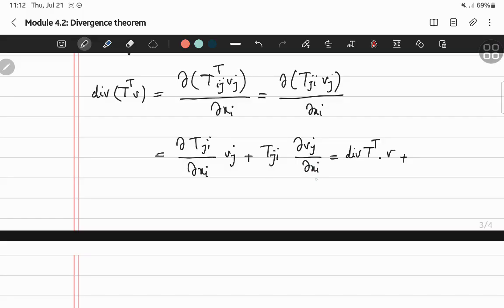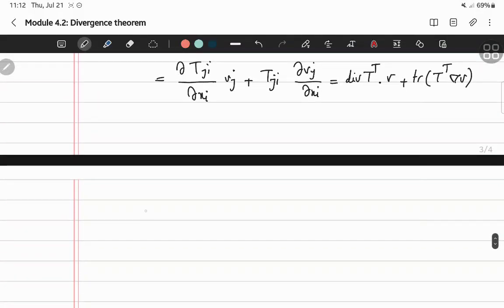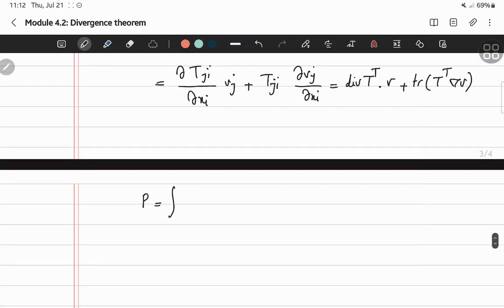And we already proved that this is equal to the trace of t transpose del v, or the trace of td, where d was the symmetric part of the velocity gradient. So we can write this. If we replace this in here, we finally get p is equal to the integral of the divergence of t transpose dot v plus the trace of t transpose del v dv over v.